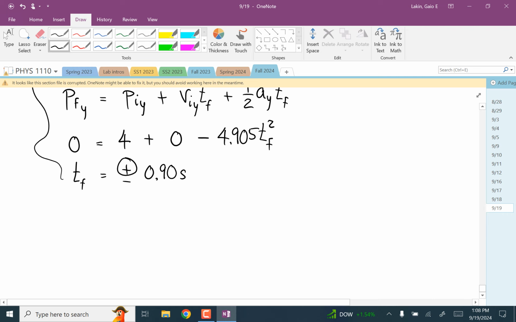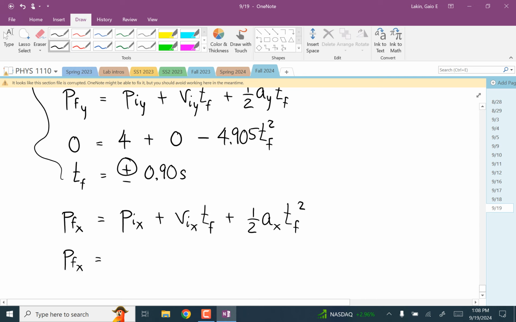And now we see that we can use this equation to calculate P F X. So P F X is equal to, P I X was 0, V I X is 10, what's A X?